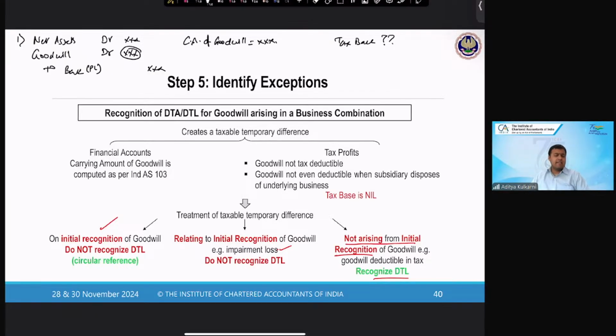I didn't even ask tax deductible. I meant to ask, is consolidation, is business combination something that we recognize under income tax as a concept, or are income taxes on an entity basis rather than on a group basis?